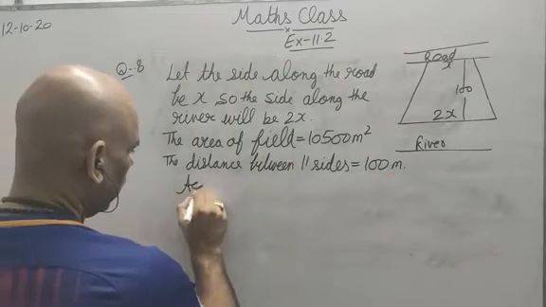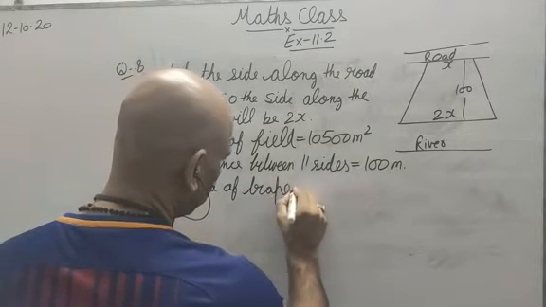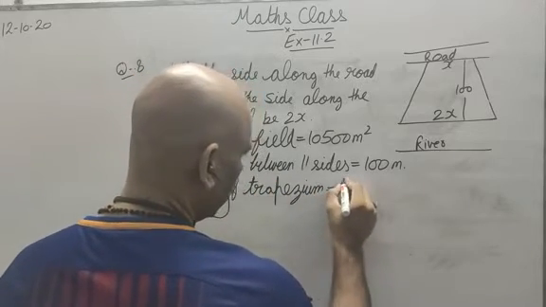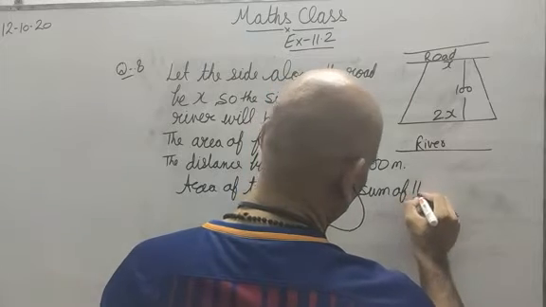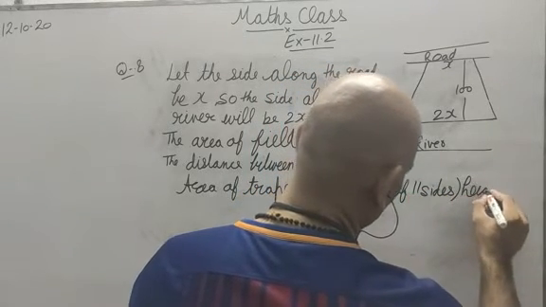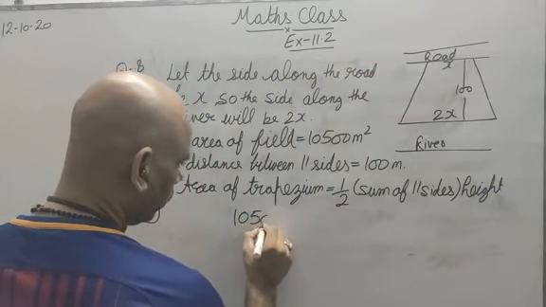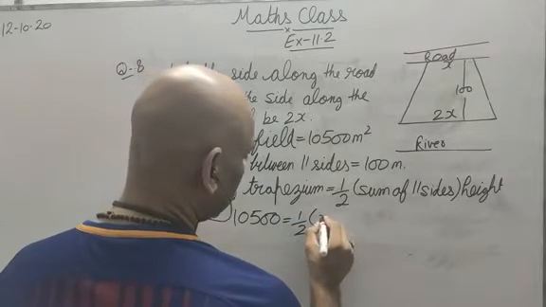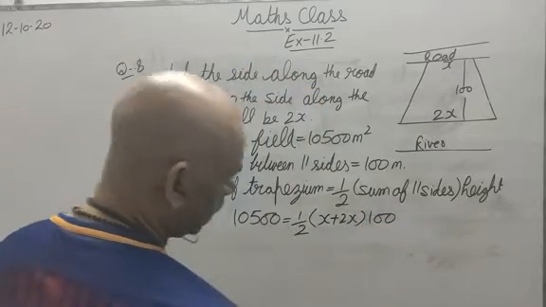So area of trapezium is equal to half sum of parallel sides into height. The area is 10,500, half sum of parallel sides is x plus 2x, and the height is 100.